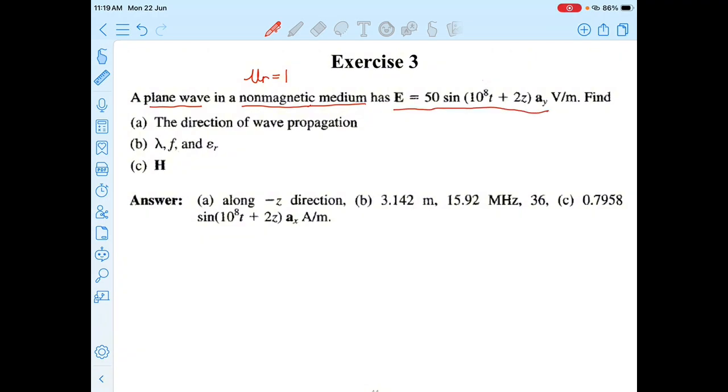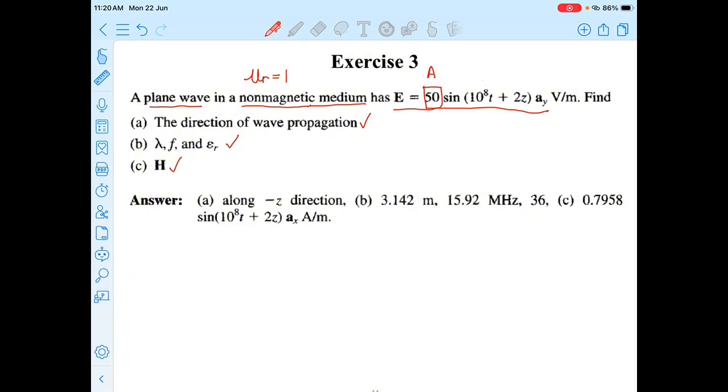You have to find the direction of the wave propagation, the lambda, the frequency, the relative permittivity, and also the equation of the magnetic field. Now let's look at the information contained in the formula of this electric field. Obviously this one represents the amplitude.